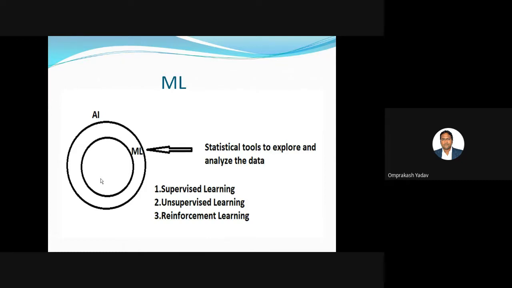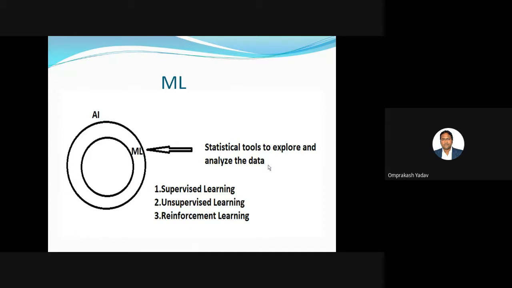Now inside this we have ML. What will ML provide us? ML is your machine learning. It will give you a lot of statistical tools to explore and analyze the data. Along with that, it can train the machine.